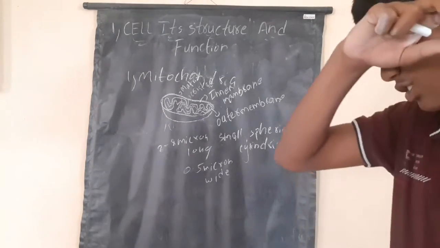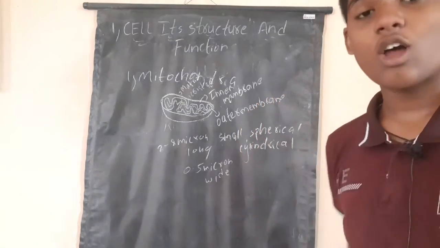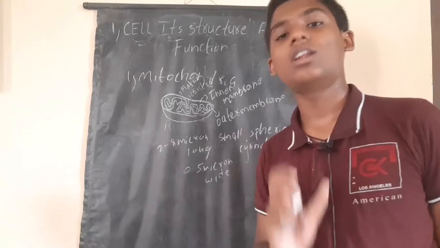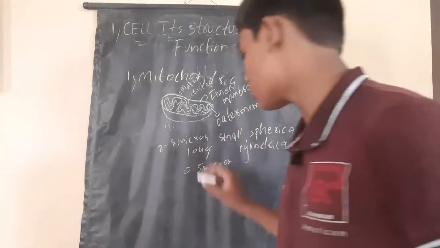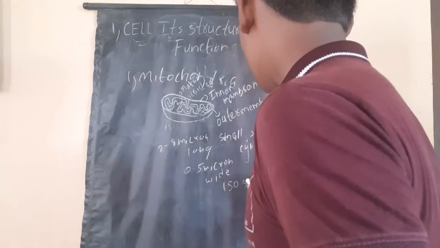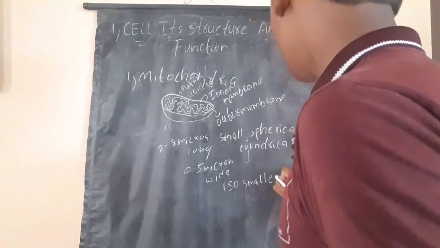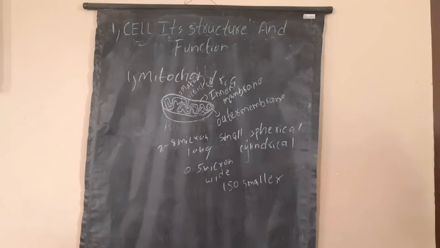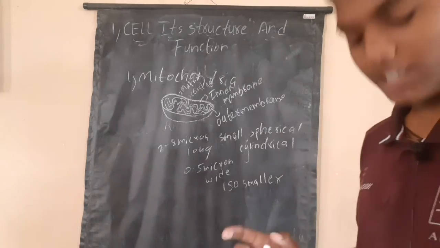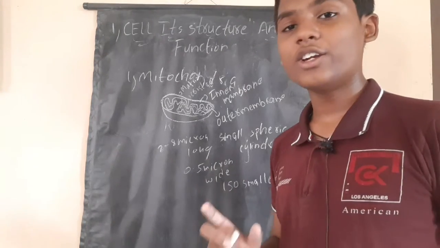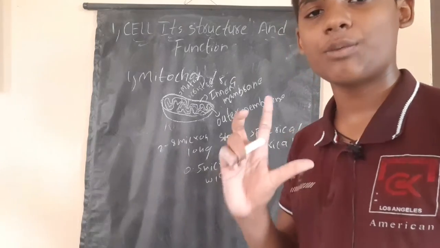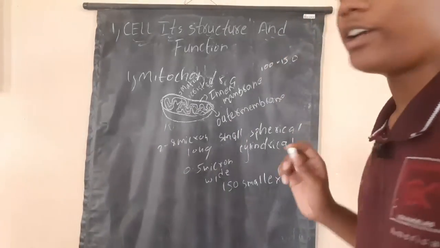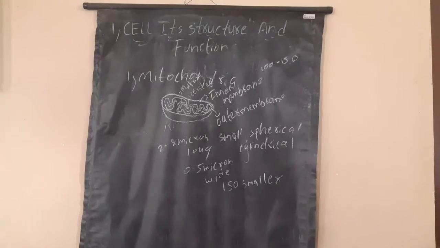So I can say the nucleus is the biggest cell organelle in the cell. These are important points. In each cell, 100 to 150 mitochondria are present.